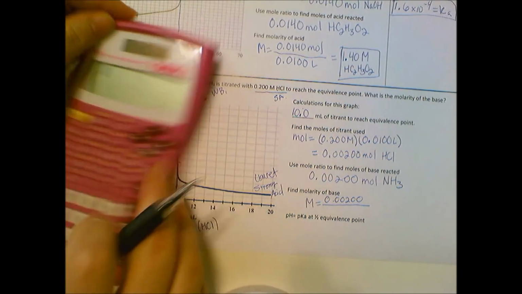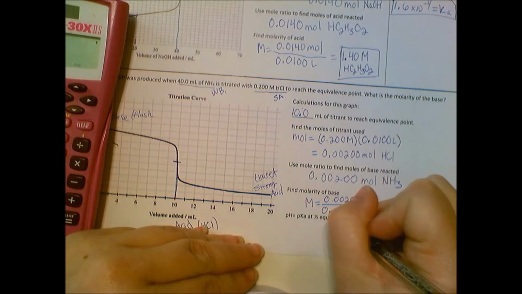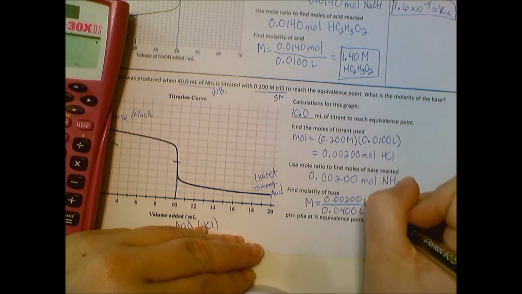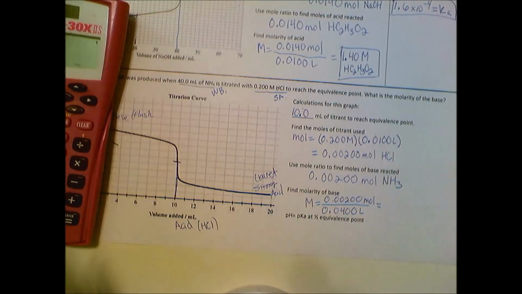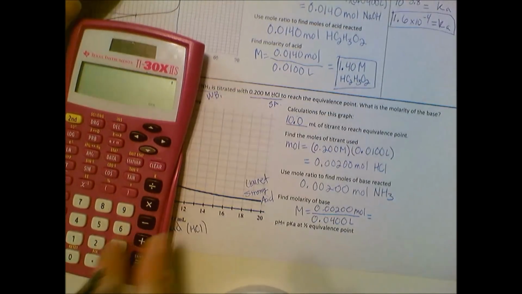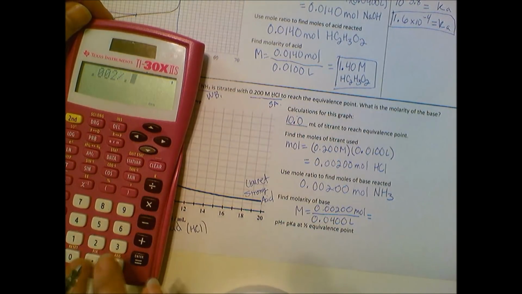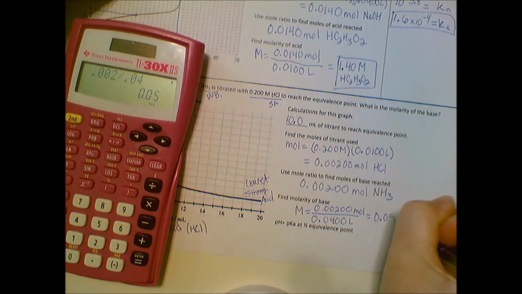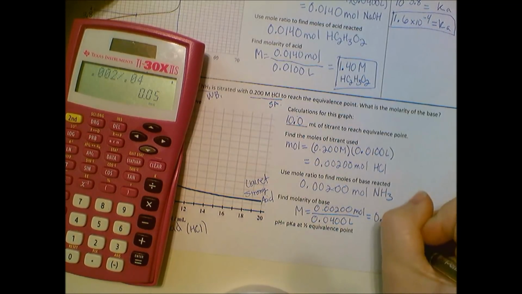So 40 milliliters would be 0.0400 liters. Okay, so 0.002 divided by 0.04, and we have a molarity of 0.0500 molar NH3.